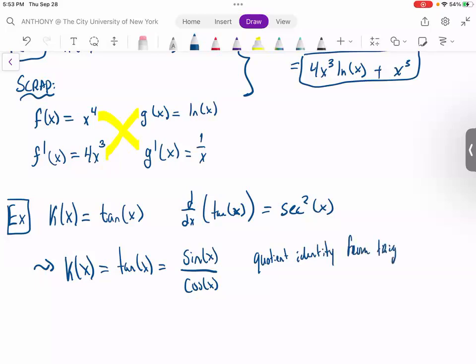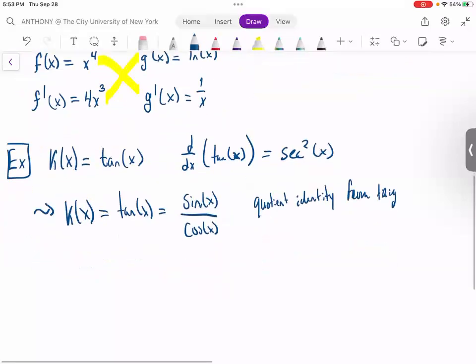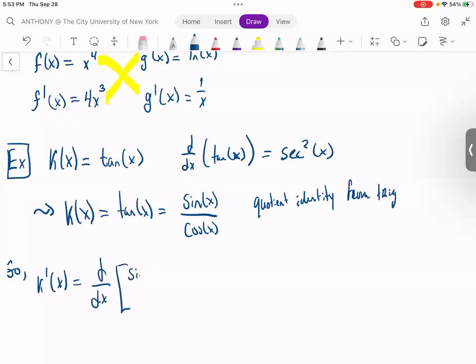So now that I have k of x equivalent to sine of x over cosine of x, if I want to find the derivative of tan of x, it's equivalent to finding the derivative of sine of x over cosine of x by the quotient rule. Right? So k prime of x is equal to the derivative with respect to x of sine of x over cosine of x. And remember the saying.